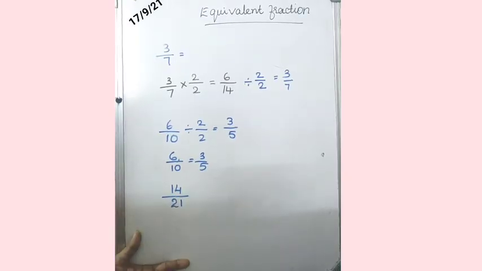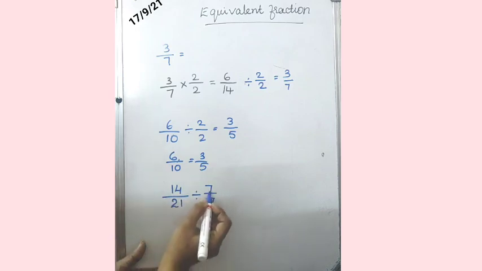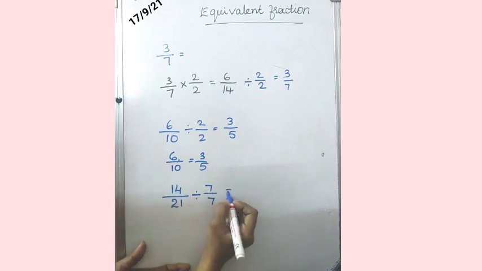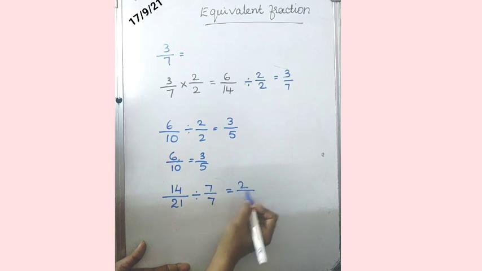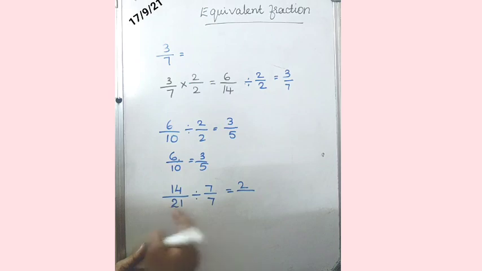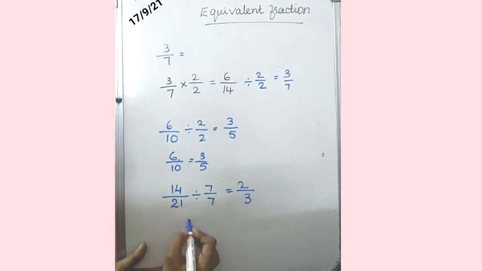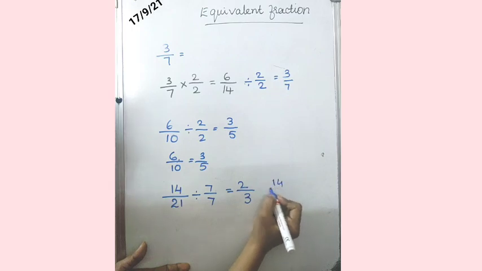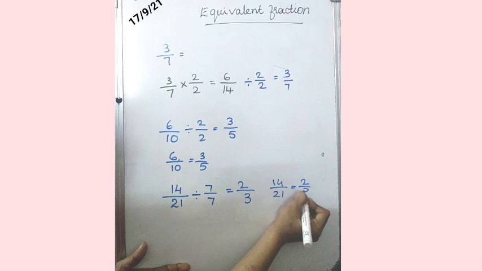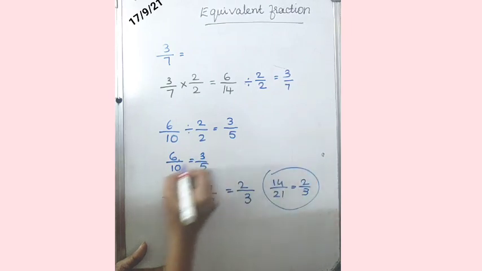Here 14 by 21 divided by 7 by 7. 14 divided by 7, we know that 7 2s are 14, so 2. 21 divided by 7, we know that 7 3s are 21, so 3. So 14 by 21 and 2 by 3 are equivalent fractions.